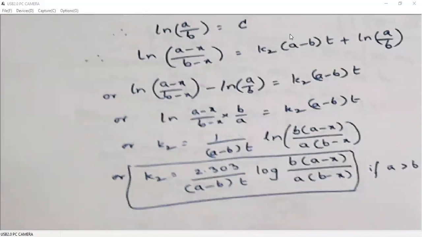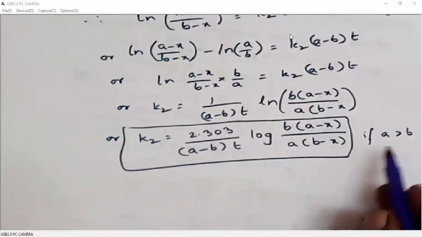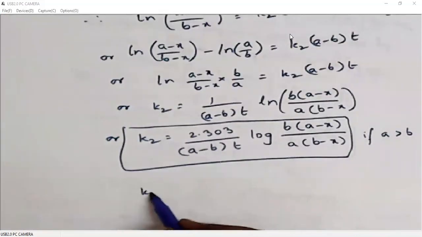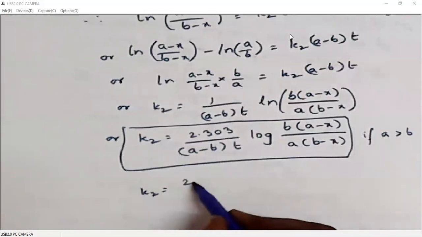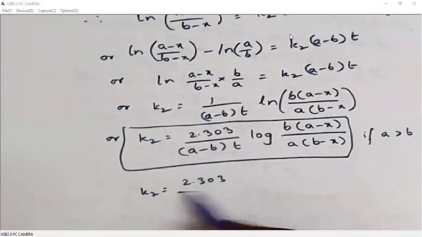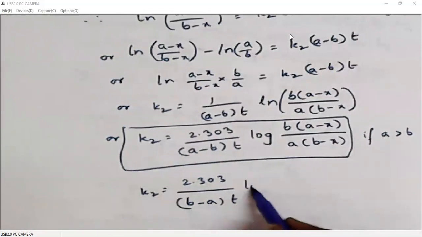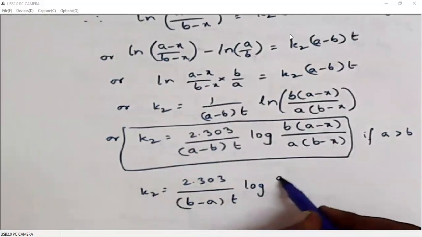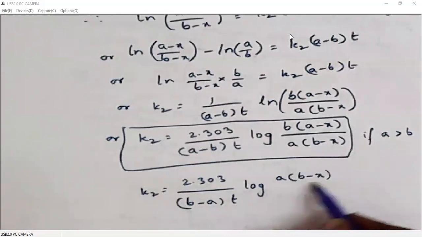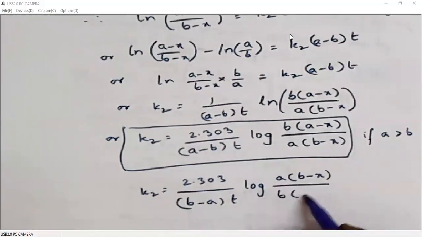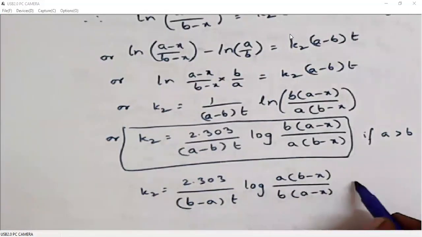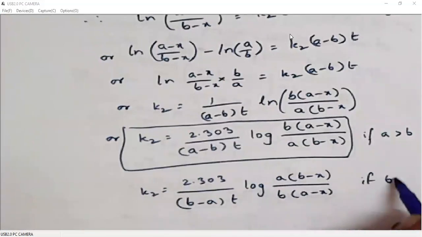We can also derive this expression if b is greater than a. We can simply write k2 is equal to 2.303 by (b minus a) into t logarithm of a into (b minus x) by b into (a minus x), if b is greater than a.